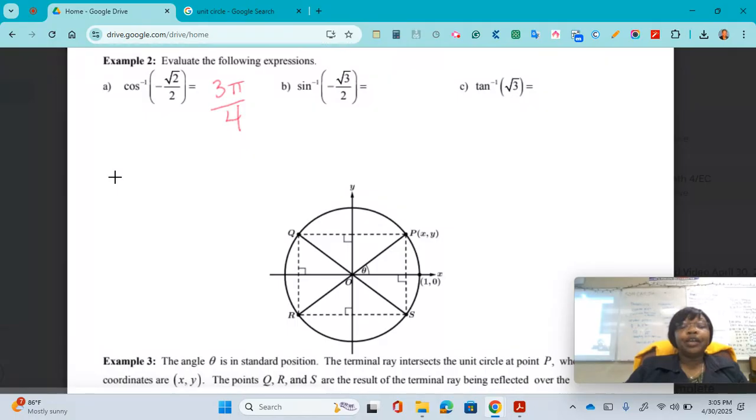Now, we're doing the sine inverse of negative square root 3 over 2. Sine is our what value? Our y value. When we look at only quadrants 1 and 4, when our y value is negative square root 3 over 2, what is our angle?